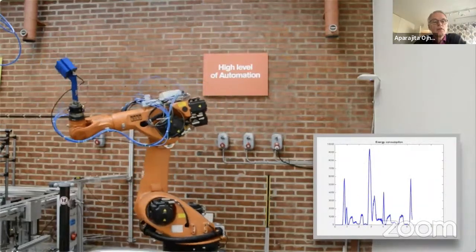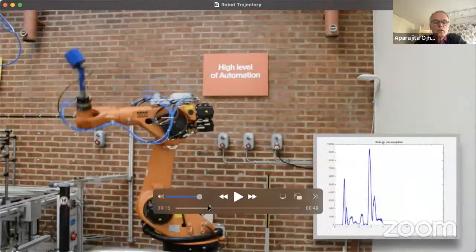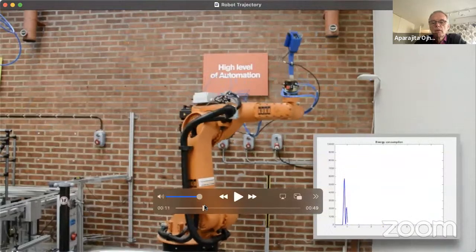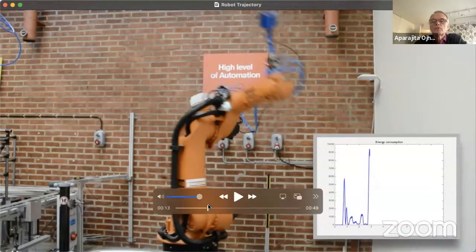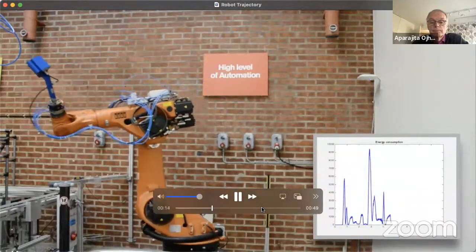Here you see the KUKA robot in our lab, and actually you could see also here the energy consumption, or rather the power consumption, the power peaks here during the scenario. So let's go in here.